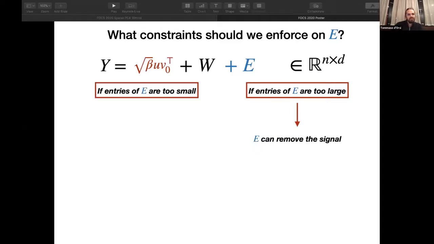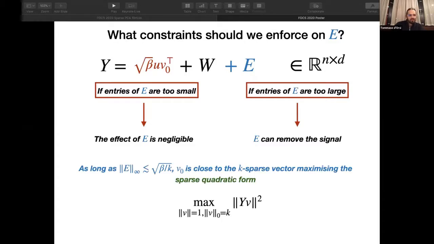Similarly, if the entries are too small, then essentially we're just doing sparse PCA, so there's nothing to say. It turns out that the right choice is to bound the entries of E in absolute value by square root of beta over k. The reason for this is that as long as this bound holds, V0 is non-trivially correlated with the sparse quadratic form of Y. So as long as this bound holds, the exhaustive search algorithm has the same guarantees for this robust version of the problem.